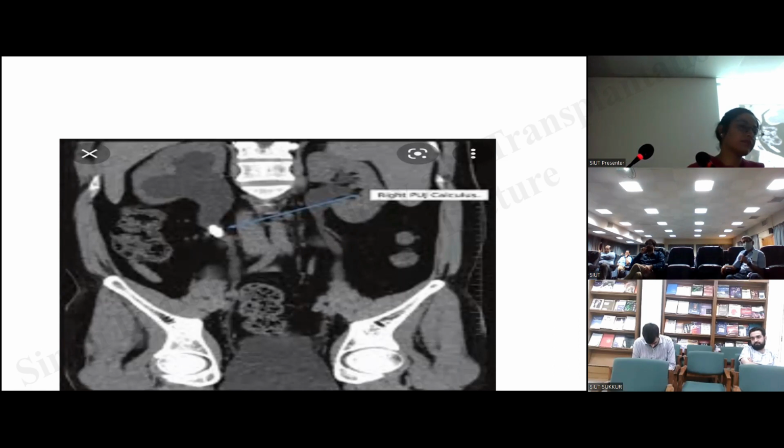Then you can see that further down, the ureter is normal, it's not dilated, but for 2-3 centimeters. So maybe there is some stricture, or we should also see that by retrograde study.